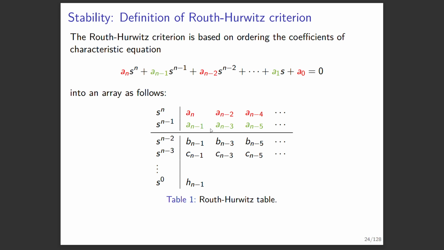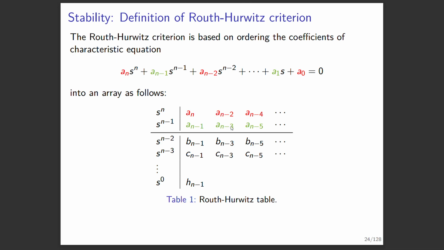The first two rows directly come from the polynomial. So you put the coefficients in this table. The first row is s to the n. So you put in this row a_n, a_n minus 2, a_n minus 4, a_n minus 6, down to a_0.